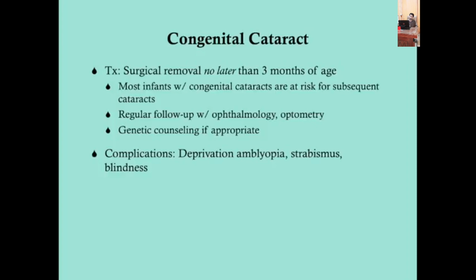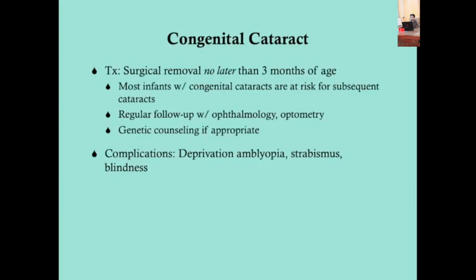And of course you should also treat whatever is the surrounding cause, the contributory cause to the congenital cataract, if you can. Regular follow-up with ophthalmology and optometry is going to be important, and genetic counseling is useful as well, especially if it's one of those genetic disorders.